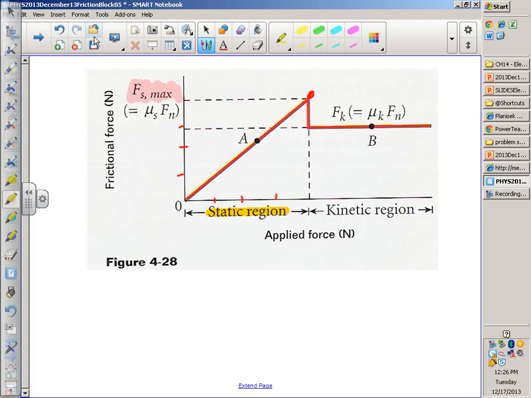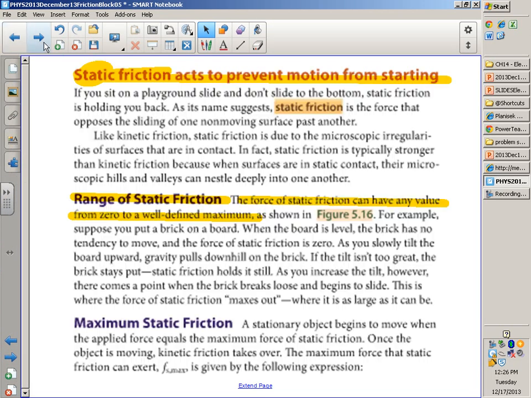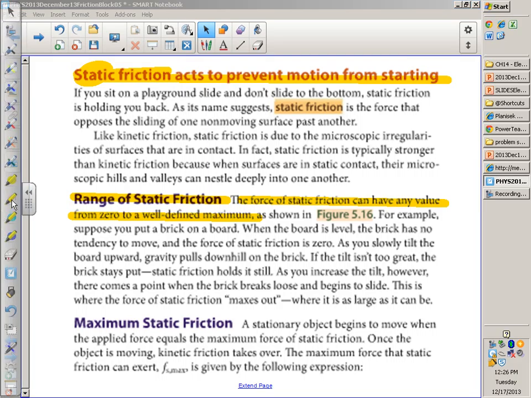And if we go back to that section from the book, down at the bottom, it says, the maximum static friction, a stationary object begins to move when the applied force equals the maximum force of static friction.